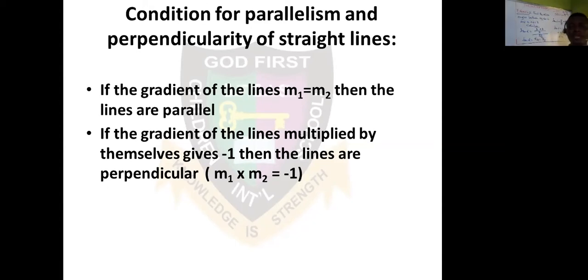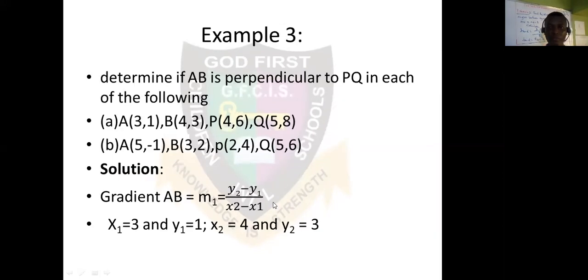If you're asked to check for the parallelism or perpendicularity of straight lines, the first condition is: if m1 is equal to m2, that is, the gradient of the first one is equal to m2, then they are parallel. If the gradient of the first one, m1, multiplied by m2 gives you minus 1, then they are perpendicular. So let's go through this question.